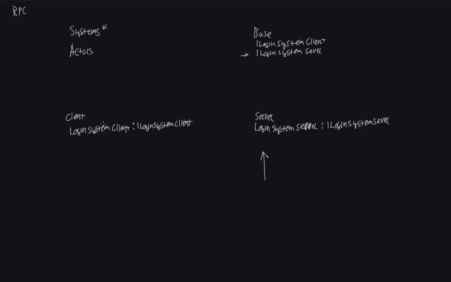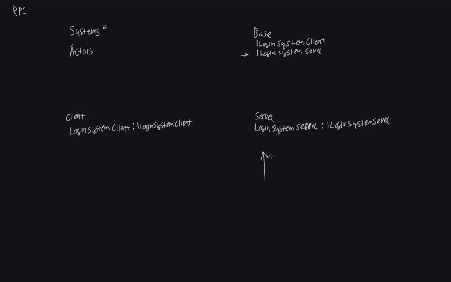We are going to instantiate a dynamic proxy of type ILoginSystemServer. It'll have the exact same list of methods as the LoginSystemServer component right here on the server. But instead of actually doing anything, when you invoke those methods, it will shoot off a network request behind the scenes all the way to the server, which then performs that method directly on the object that it instantiated to fulfill that particular system.